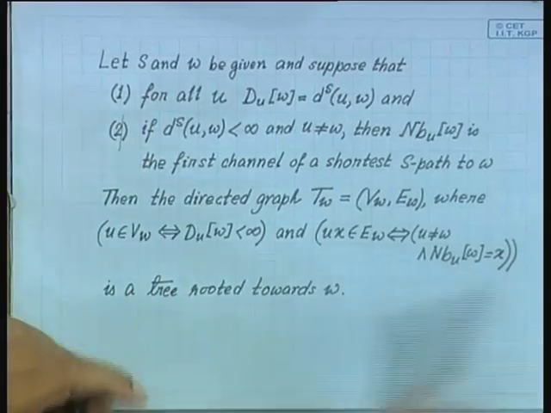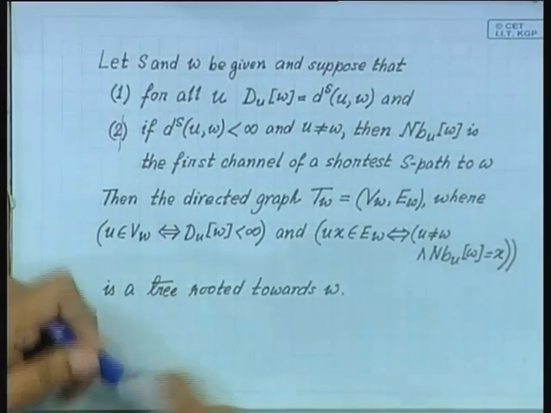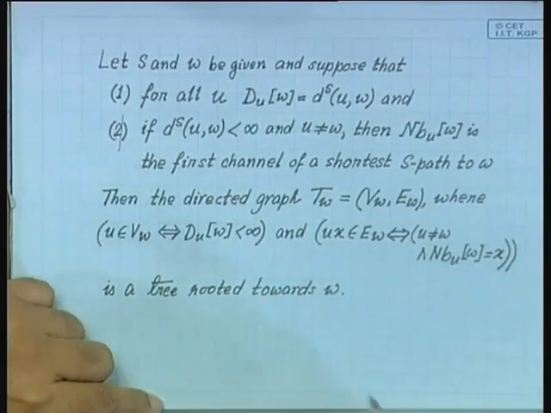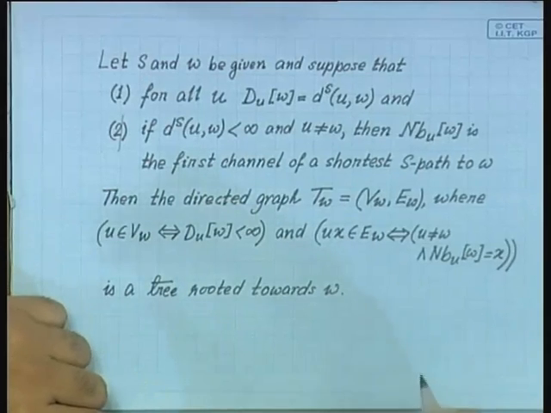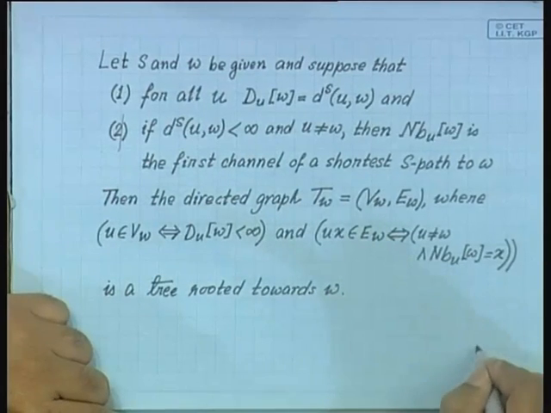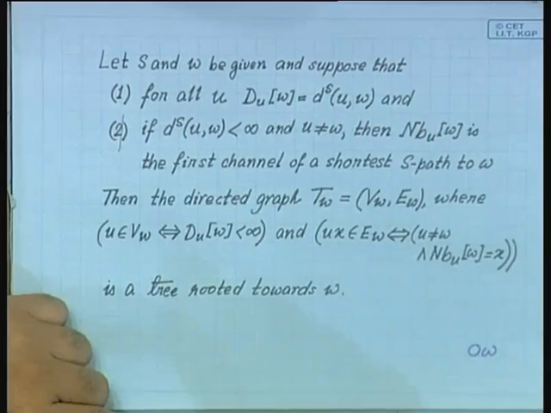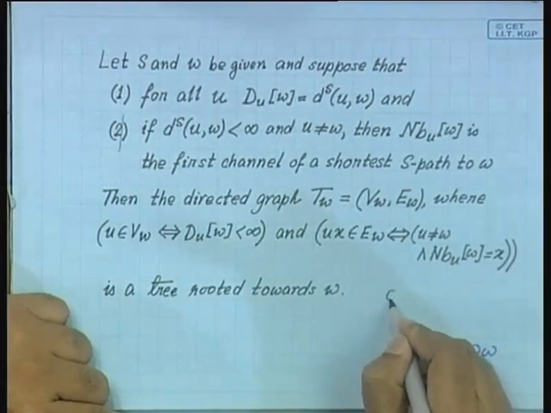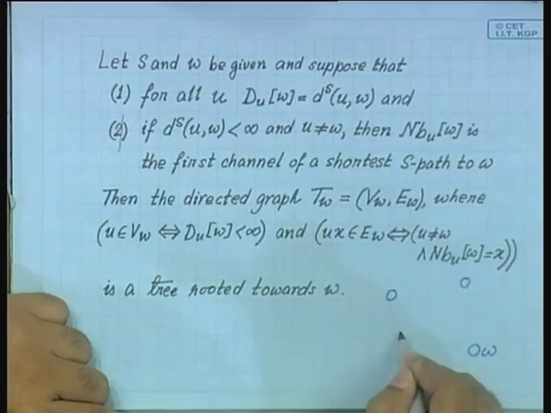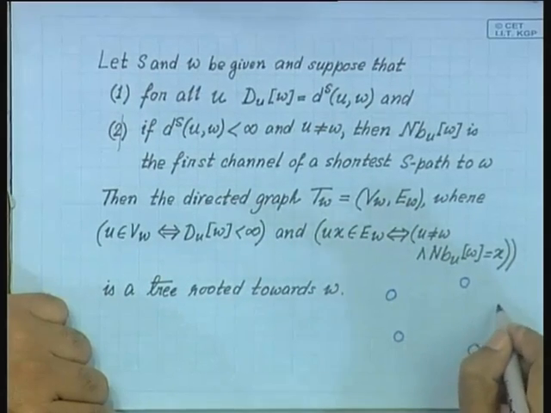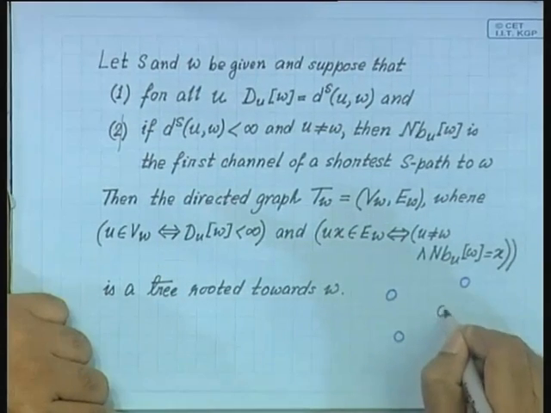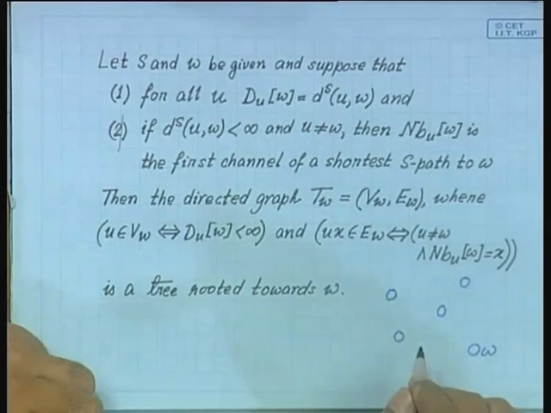Okay. Now, let us first understand clearly what this tree is. Now, remember that in our network, suppose this is the destination vertex w, all right. Now, some of these vertices have DUW less than infinity, okay.